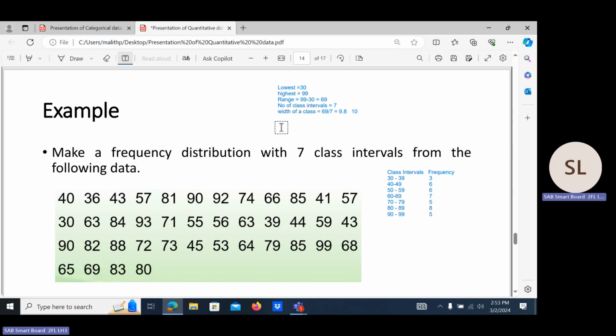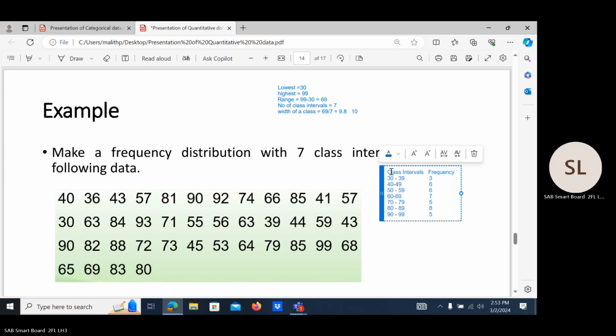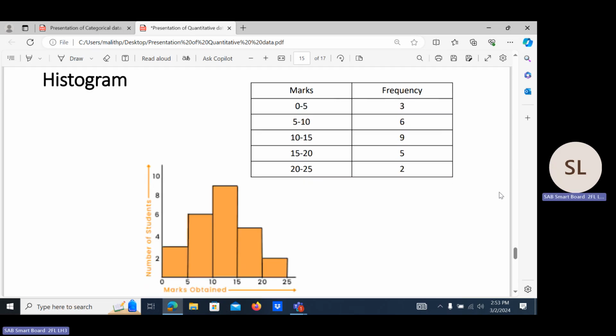Then we move into the histogram. You know the histogram. We need to present the frequency distribution of the continuous series. What is the way?